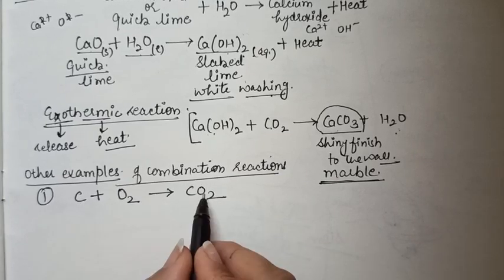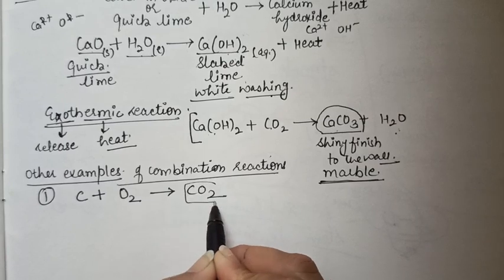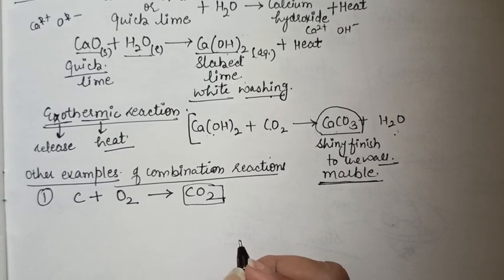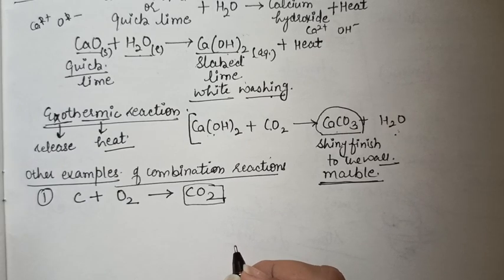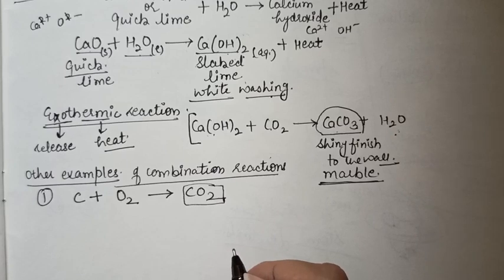So this is a combination reaction. Two reactants combine to form one single product. Otherwise, all the burning or combustion reactions produce heat. That's why they are also known as exothermic reactions.